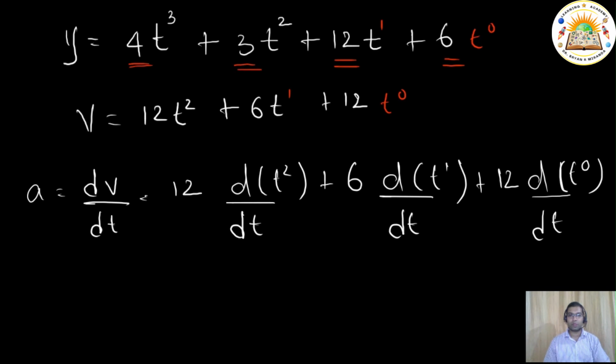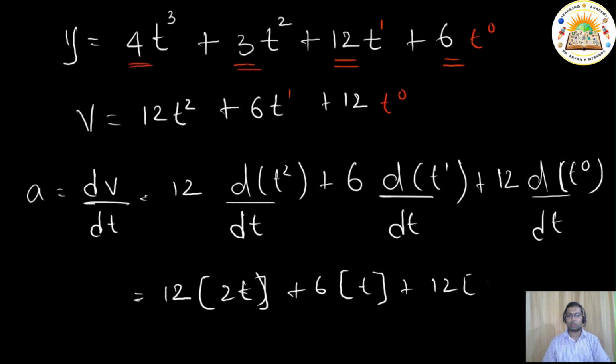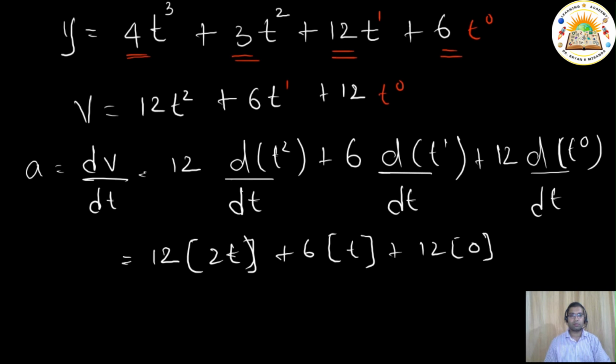So in this expression, when we write, we will get 12 into 2t plus 6 into 1 plus 12 into 0. So the equation that we will finally get here is acceleration is equal to 24t plus 6.